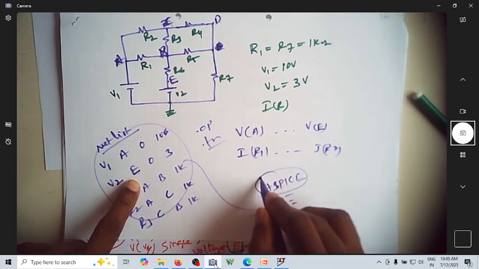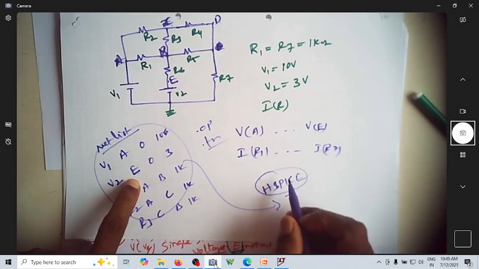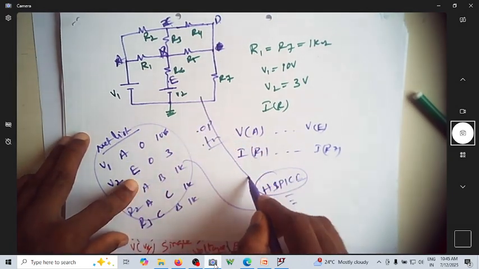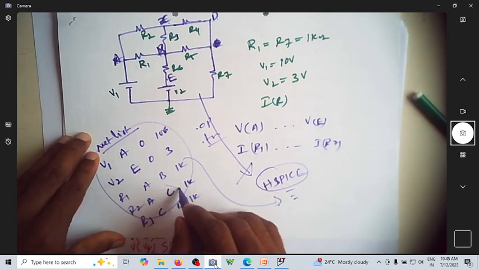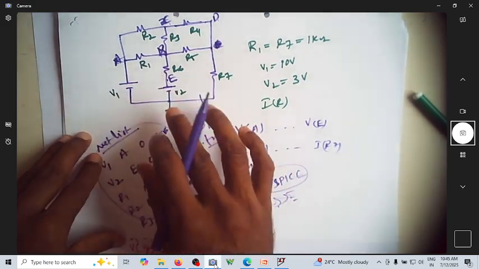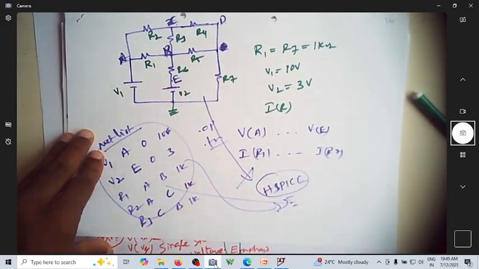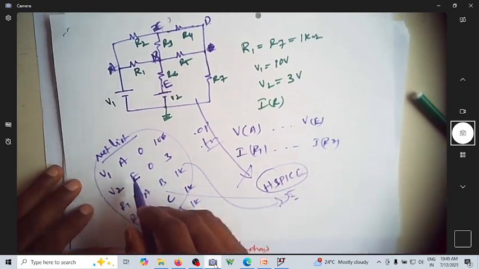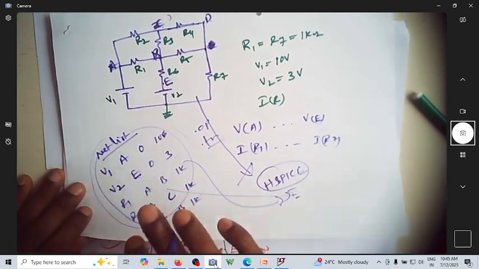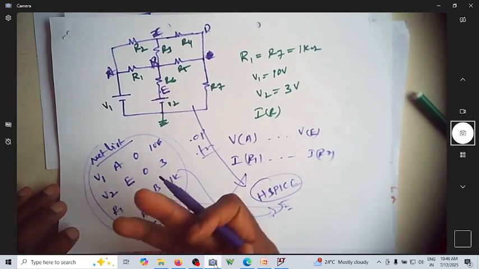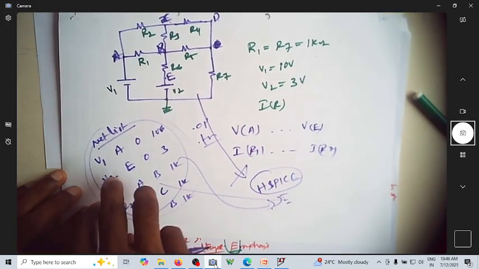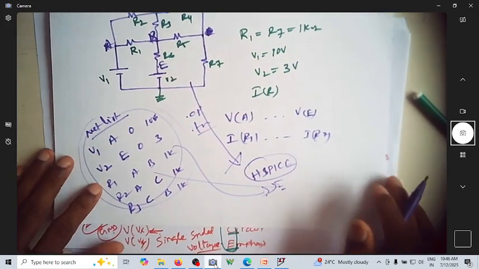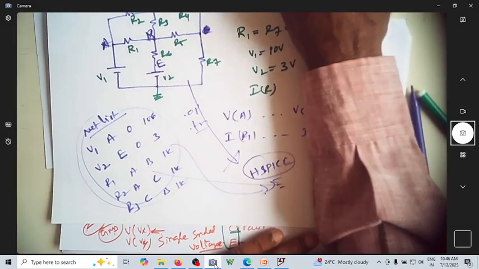In high-end simulators that won't accept graphical input, you are supposed to write a netlist for that circuit so that it can straight away start the simulation. So writing a netlist is an interesting exercise, so that you can write a netlist for any given circuit diagram. Thank you.